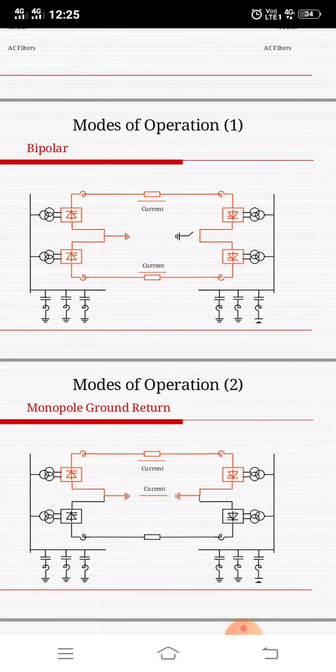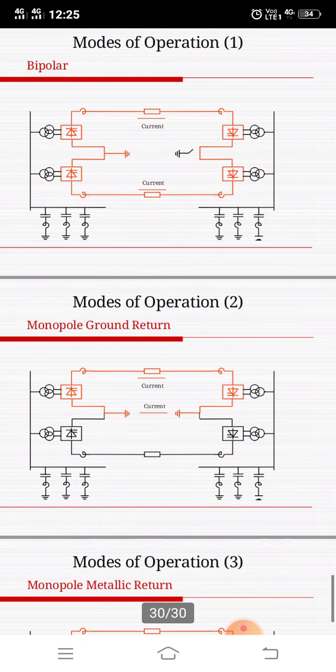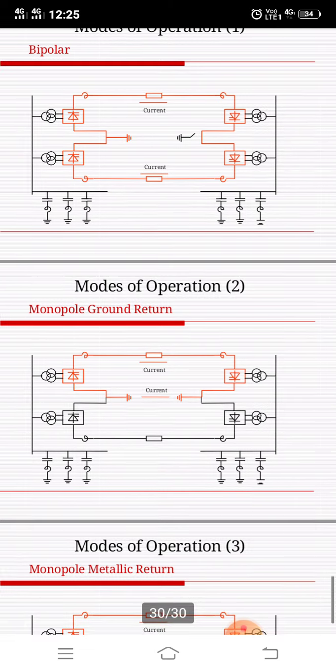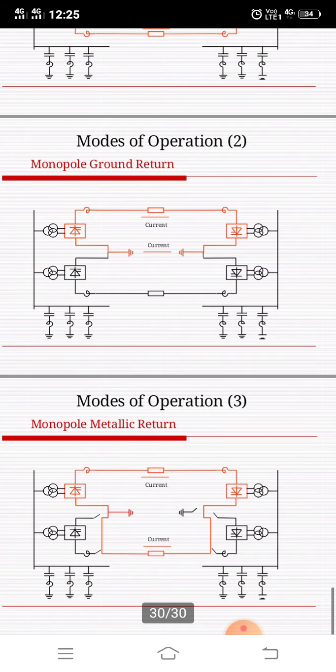The final one is monopolar metallic return operation. You have to look at this diagram in comparison with what I taught before. Monopolar operation is always possible by means of bypass switches during a converter pole outage, but not during an HVDC conductor outage. Okay, then monopole metallic return.